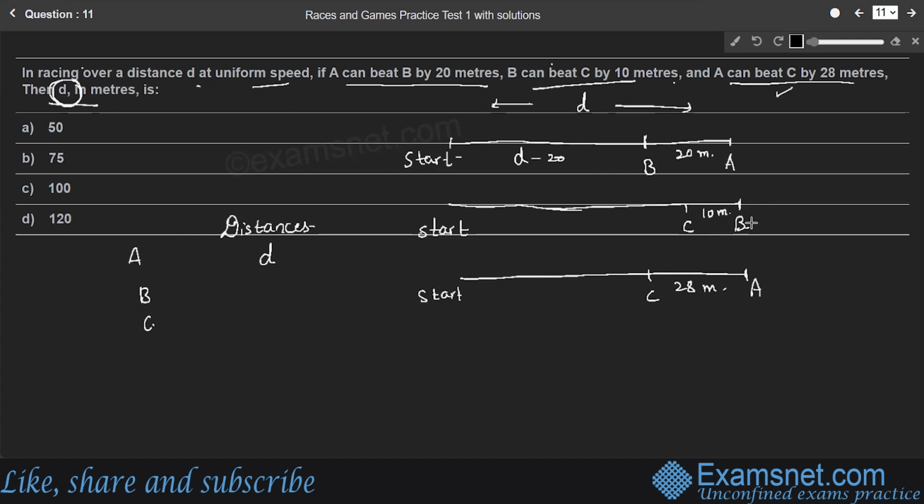Do you agree? D minus 20. Here we are talking about the case when A reaches the destination.